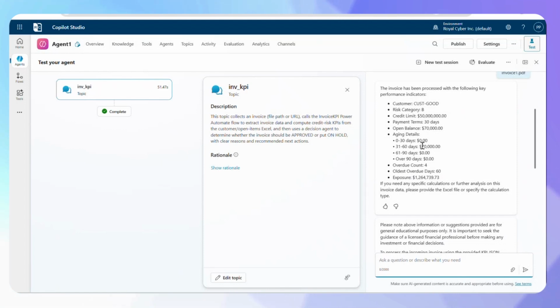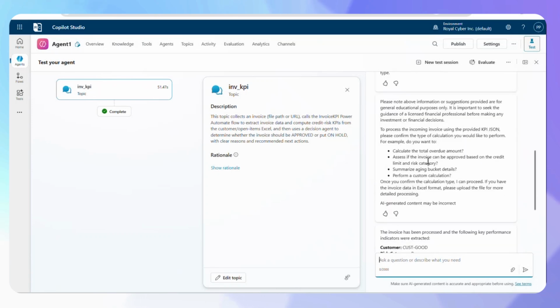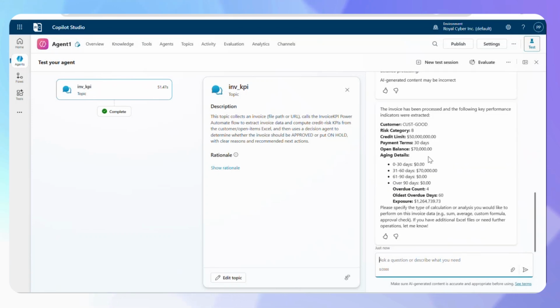What are the aging details we have, like whatever pending amount we have with this customer for 30 days, for 60 days, for 90 days, and overdue above 90 days. We are also calculating this, and then it is taking the final decision, with the customer being good and the risk category, and it is giving all of this information.